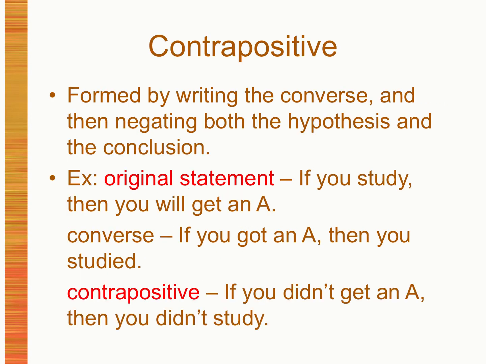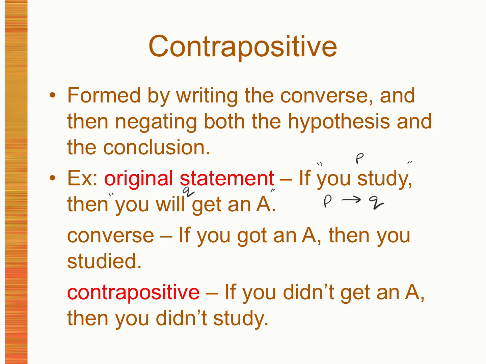The third kind of twist we're going to have on this is what we call a contrapositive. Now, the contrapositive is when you take the original statement and you basically do both the converse and the inverse to it. In other words, you take the original statement, you switch the order, you put the Q before the P, and then on top of that, you negate both. So let's say the original one is, if you study, then you will get an A. Right now you're at P and Q, right?